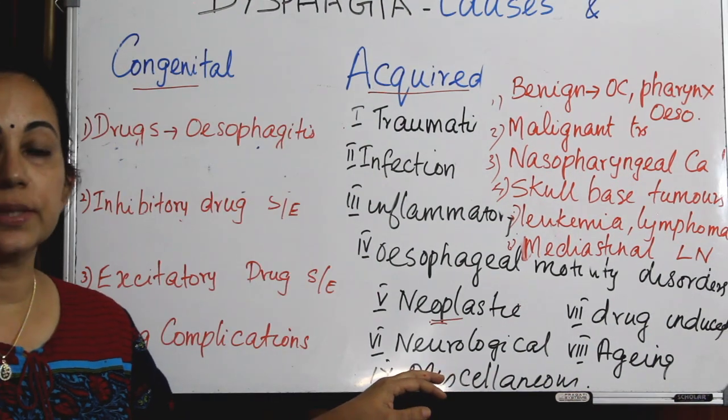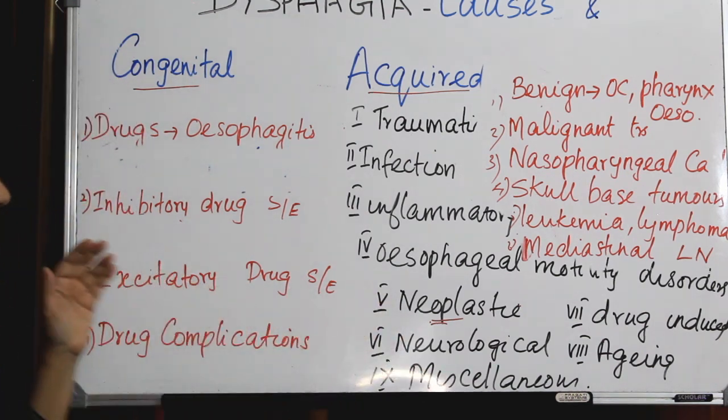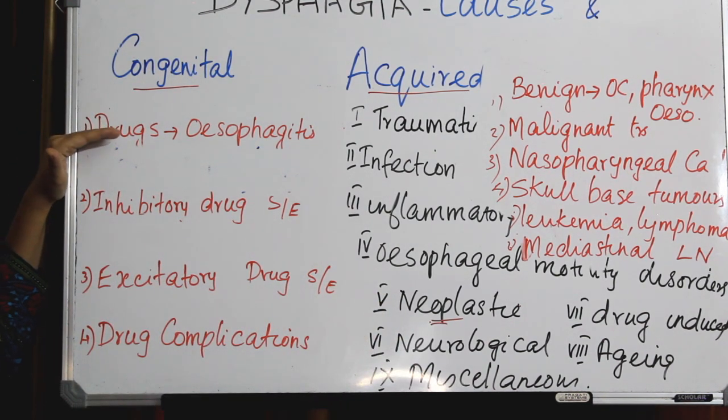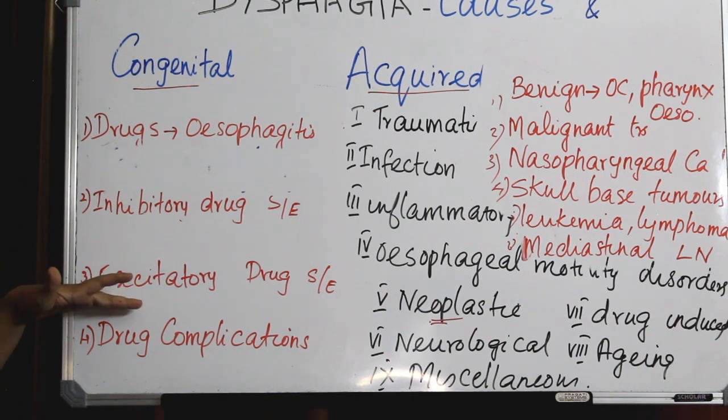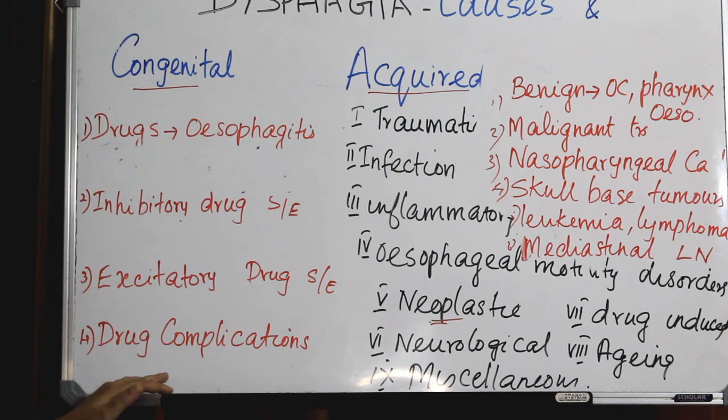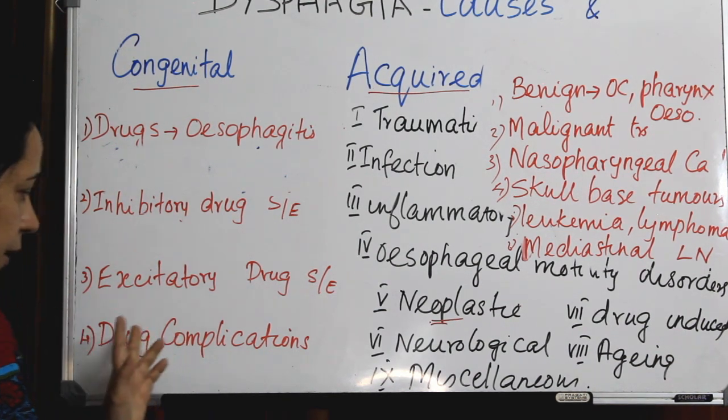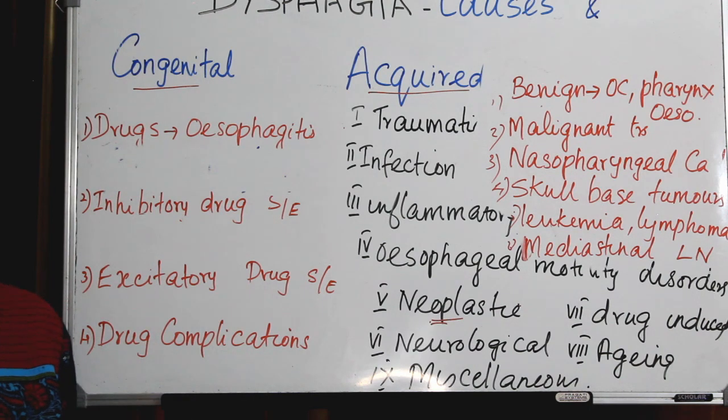So the drugs causing dysphagia we can divide into those causing esophagitis, or as a part of normal pharmacological action as inhibitory drugs and excitatory drugs, or as a part of normal side effect, that is drug complications.